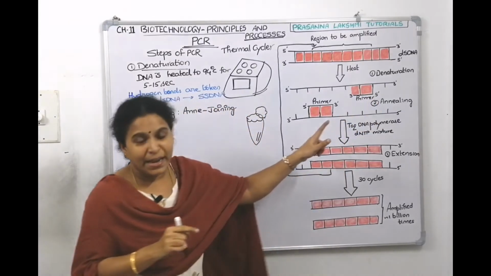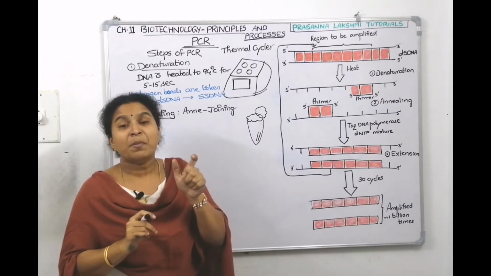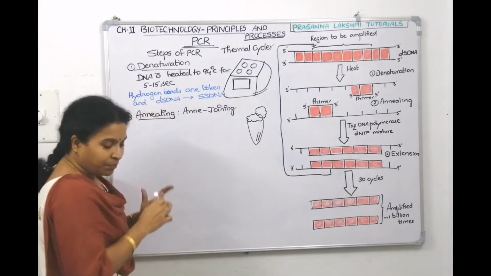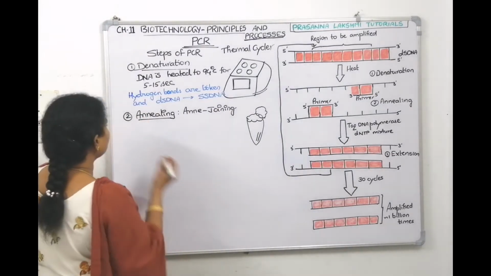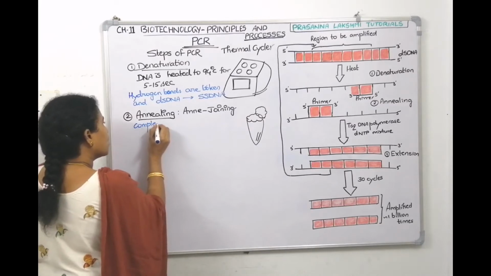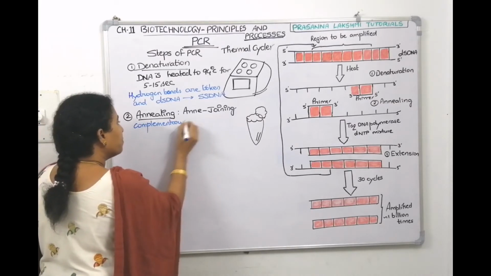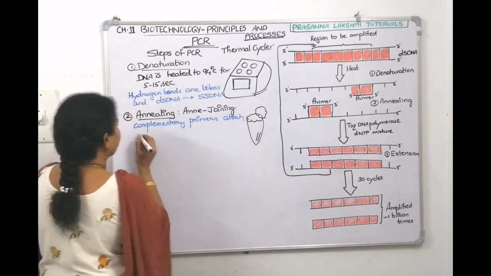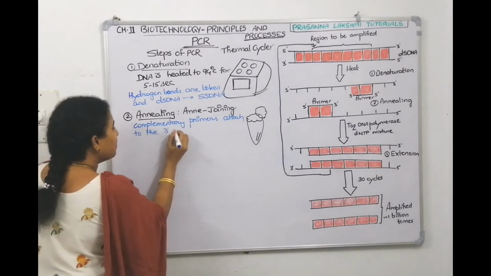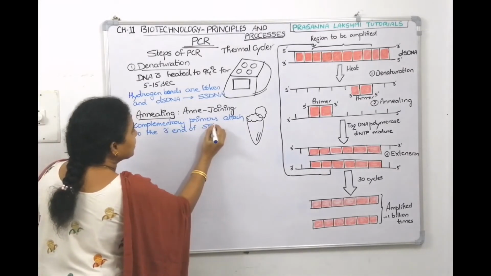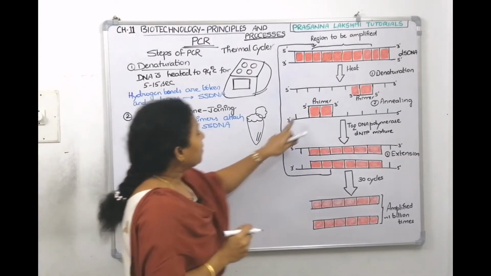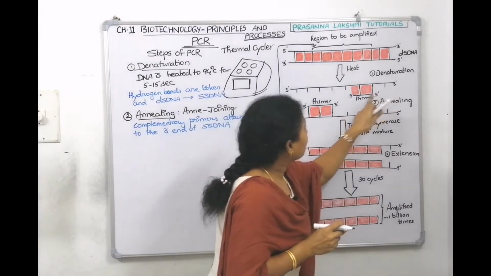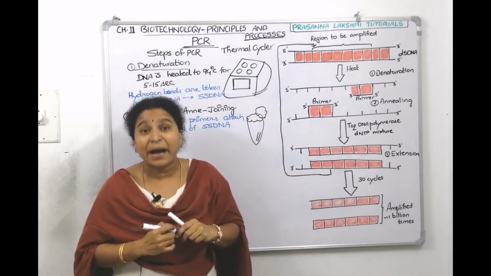The next step, annealing: you are joining complementary primers to both the single-stranded DNAs. So in annealing, complementary primers attach to the 3' end of the single-stranded DNA, the template. To the 3' end of the template, complementary primers will come and bind.